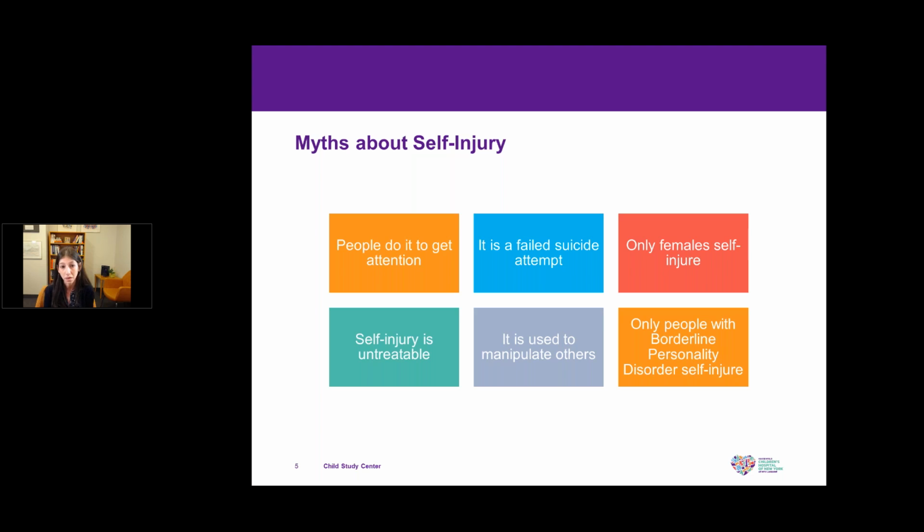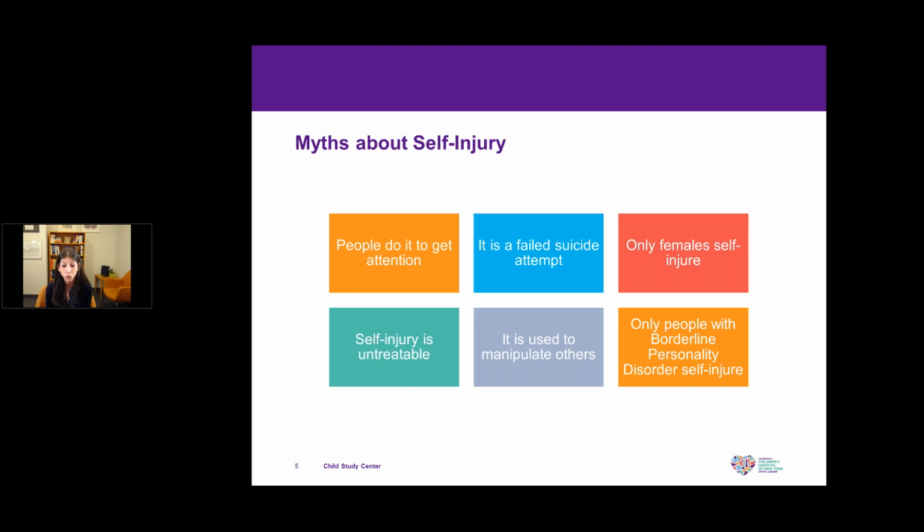So I'm now going to review some myths about self-injury. There's a lot of things that people sort of think about when they hear the word self-injury, and these are some of the common myths or misconceptions that we hear. One is that people do it to get attention. Another is that it's a failed suicide attempt, or in other words, people are attempting to end their life and aren't successful. That only females or girls self-injure.